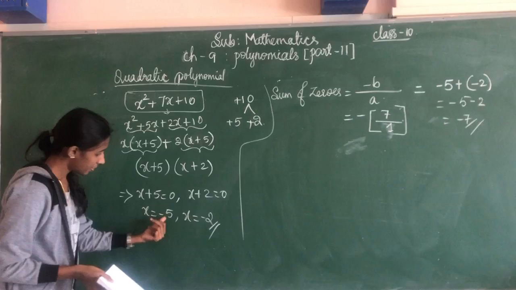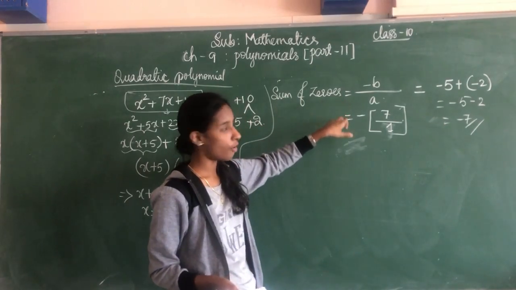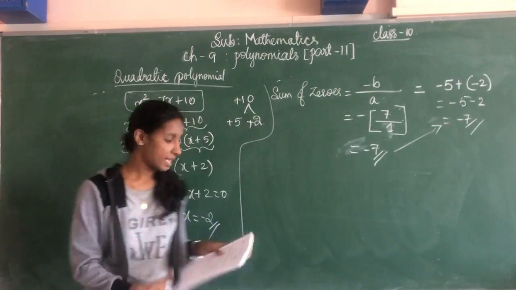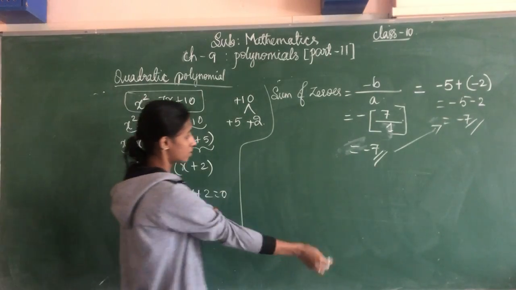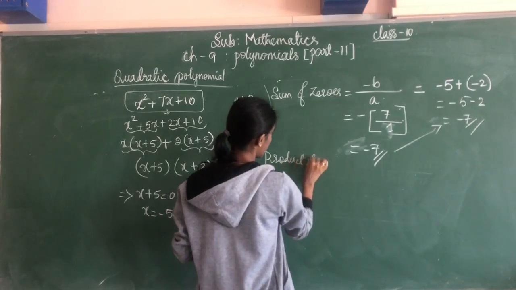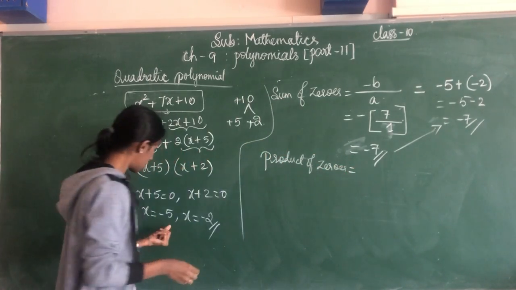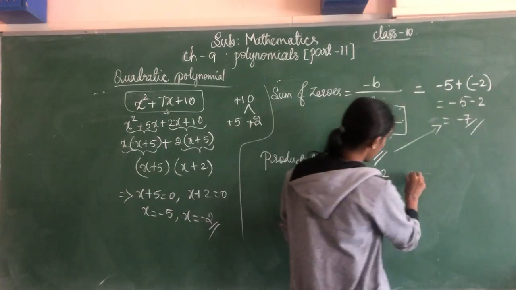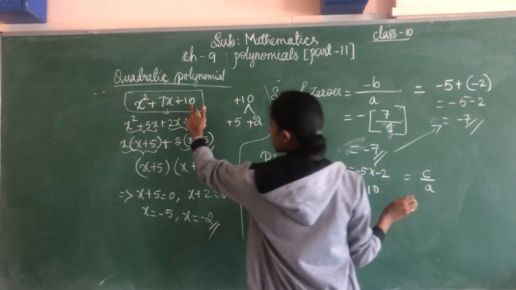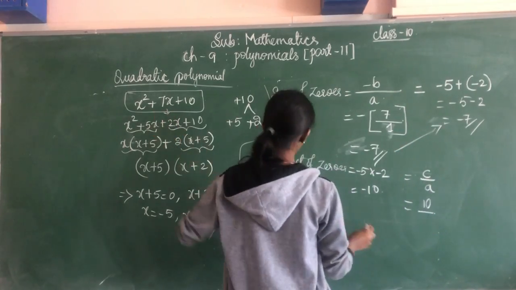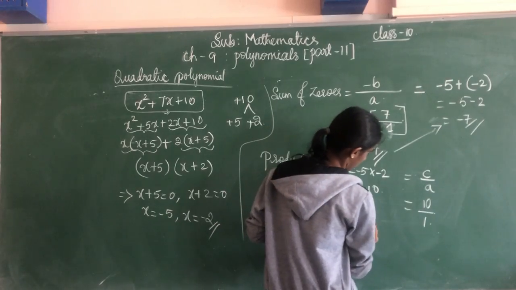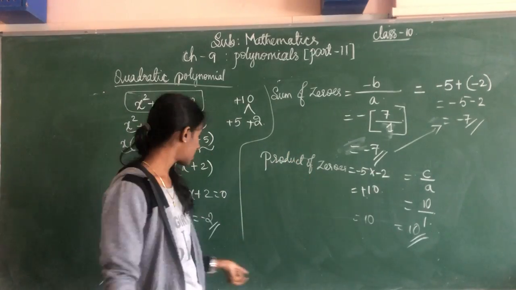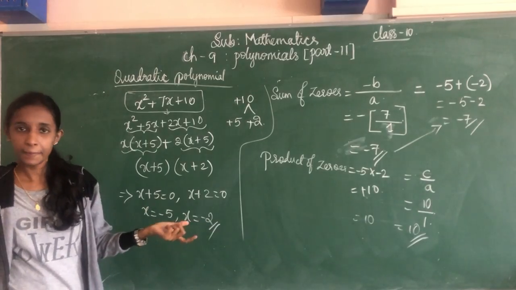If I add these two, minus 5 and minus 2, and if I directly write it, okay, by applying the formula.